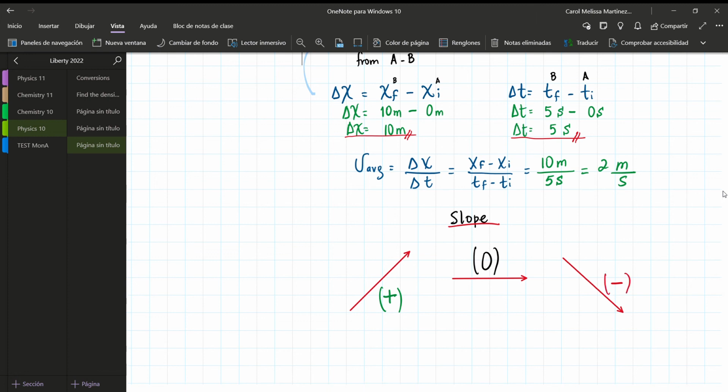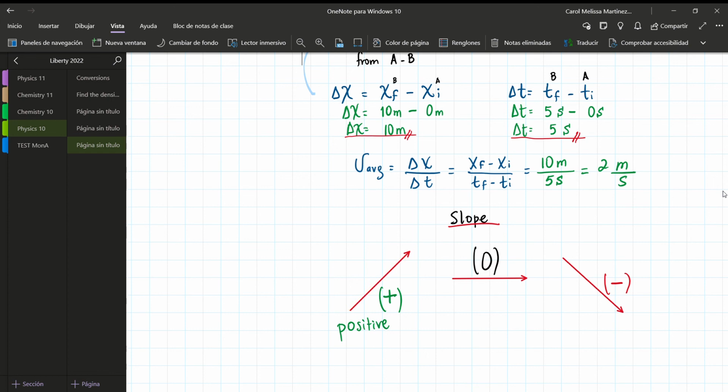So what happens in the positive slope? How do you determine that your slope is positive? Because the arrow increases, the arrow goes increasing. We say that is positive. What happens if your money increases? That's something positive.